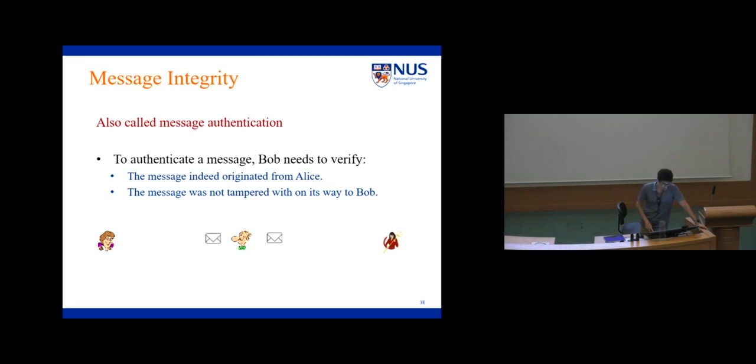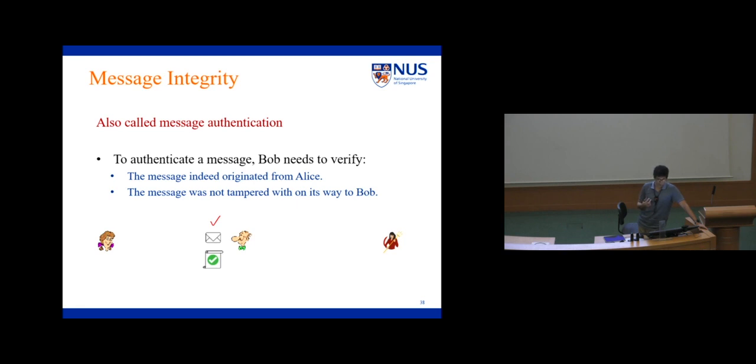So what should Alice do then to prove that this message is coming from Alice, but not the other message? Well, she should attach something to that message that proves that the message originated from Alice and that it has not been tampered with.